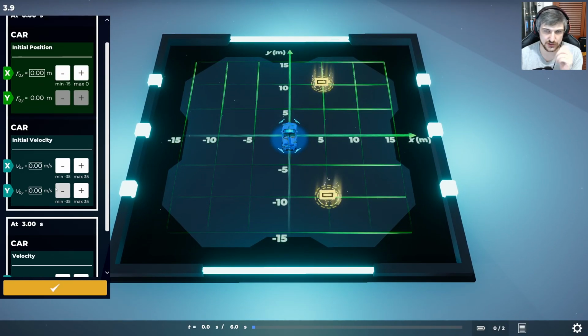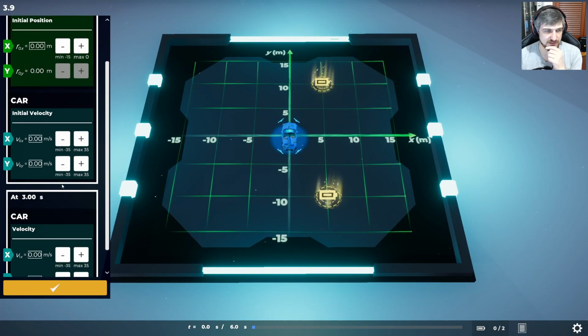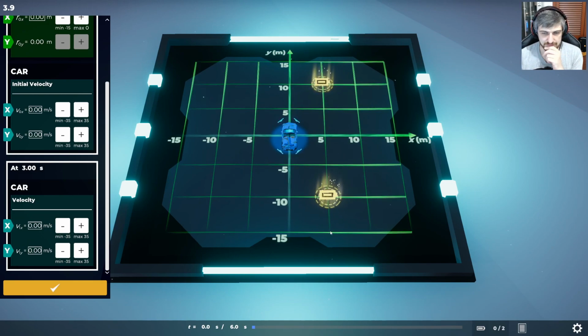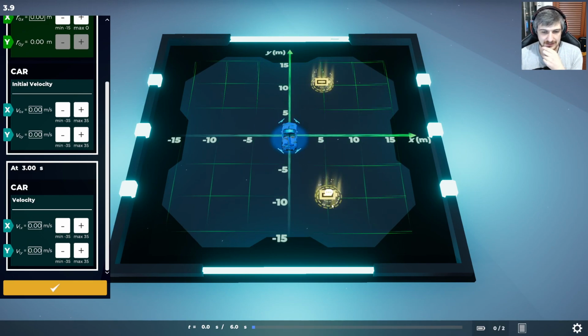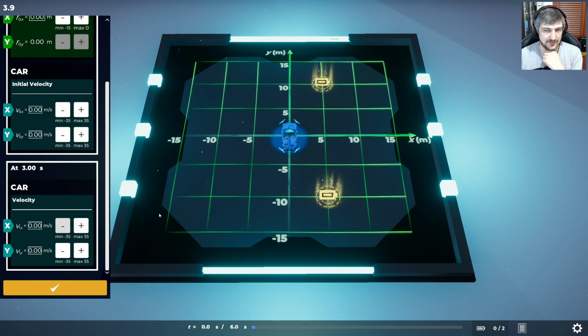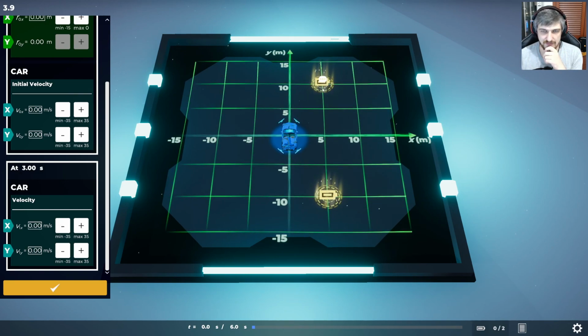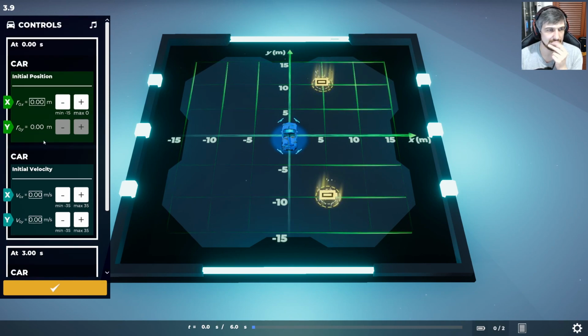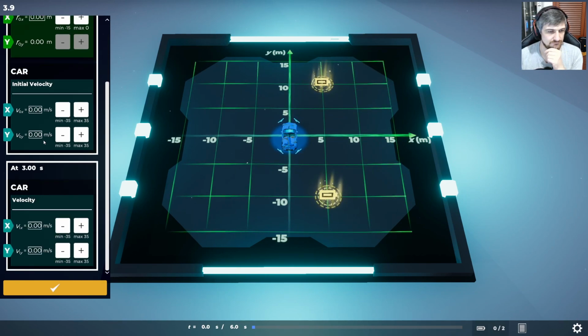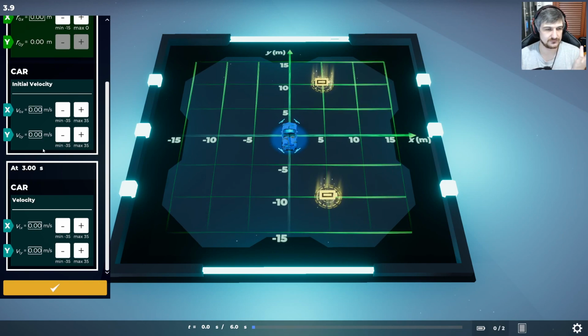We need an initial position and 2 changes. If we have an initial position down here, and at 3 seconds, we have to have it. We can go 1, 2, 3, 4. So if we go here, we go 1, 2, 3, 4, 5, 6. Sure.